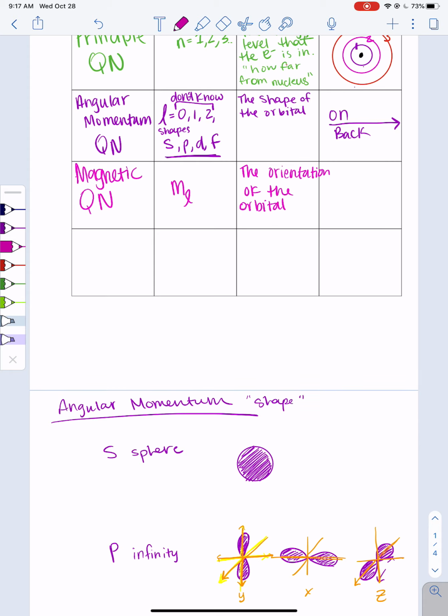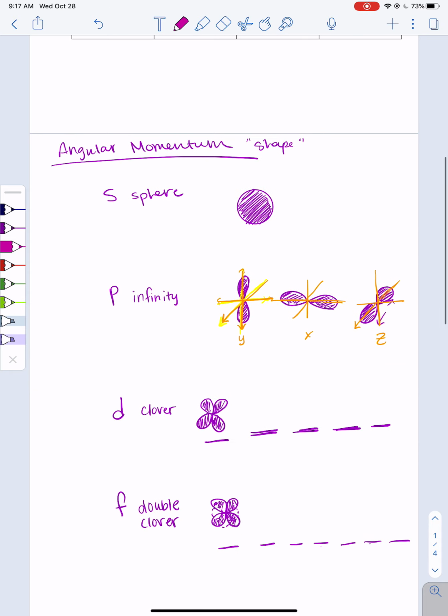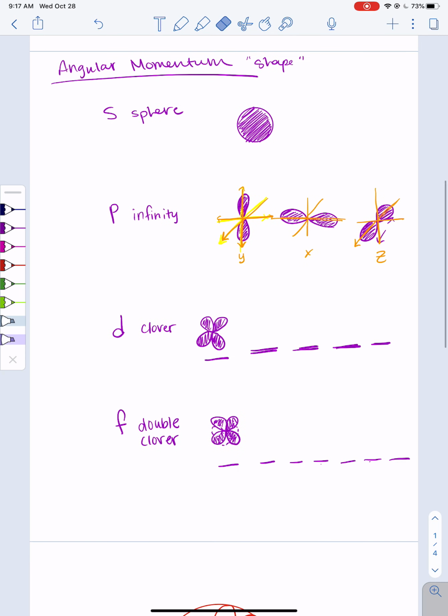So again, I'm going to draw this down here. So basically, you see how I have 3 different orientations for P. I have 1, 2, 3, 4, 5 for D, 1, 2, 3, 4, 5, 6, 7 for F. And then up here with S, no matter which way you turn it, it only looks the same.